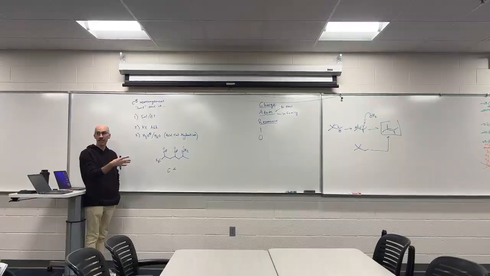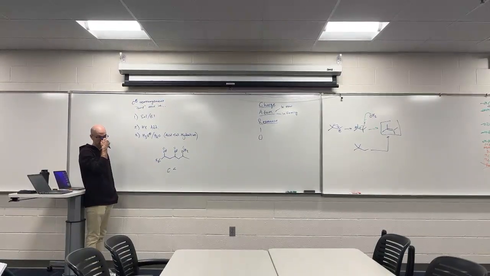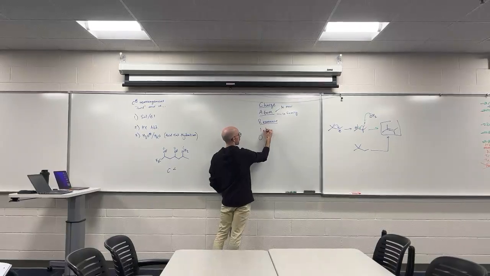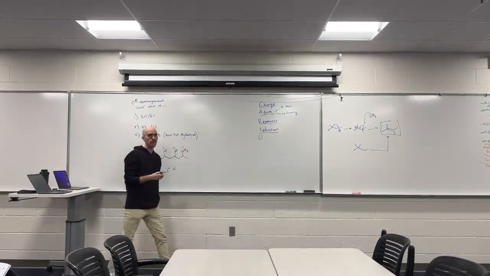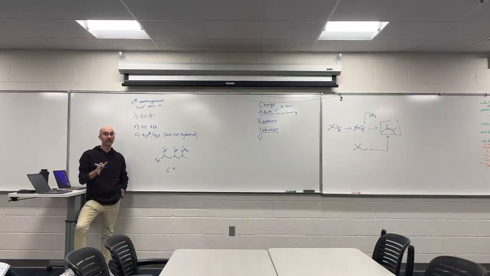So is there any chance that any of the conjugate bases have resonance? No. I. Induction. What's another way of thinking about or describing induction? Kind of electronegativity. Electronegativity definitely has something to do with it. Is that what you said?